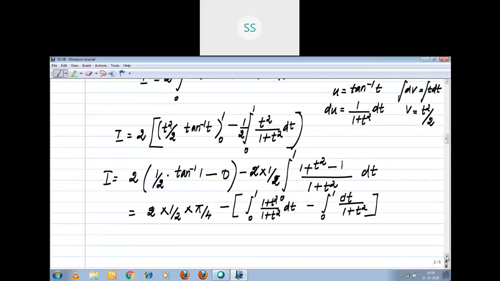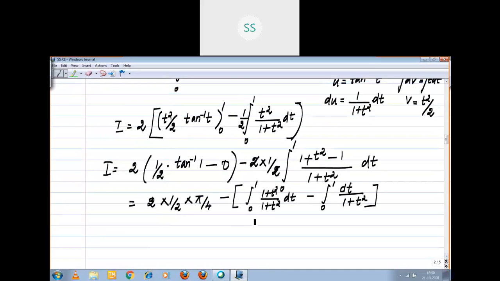Now the 2 cancels: pi by 4 minus the integral of dt, that is t, from 0 to 1, minus into minus plus tan inverse t, from 0 to 1.